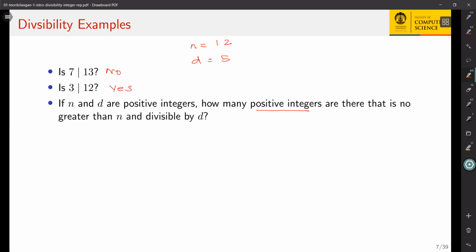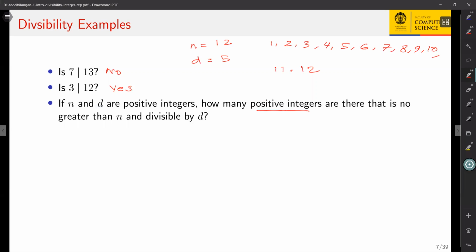So essentially, you look at the numbers 1, 2, 3, 4, 5, 6, 7, 8, 9, 10, 11, and 12, right? So out of these 12 integers, which of them are divisible by 5 and which are not? 5 and 10 are divisible by 5, sir.